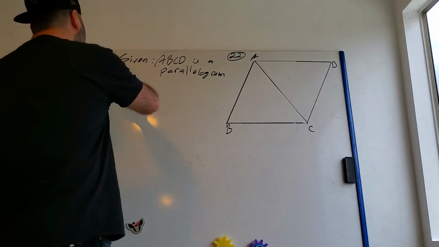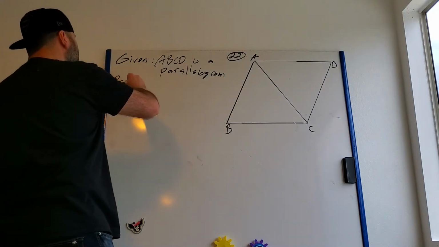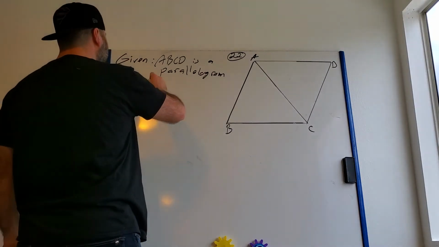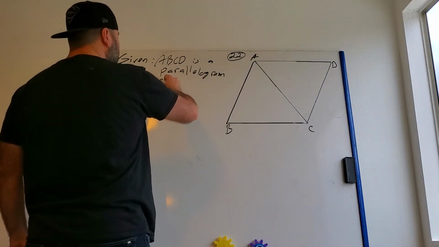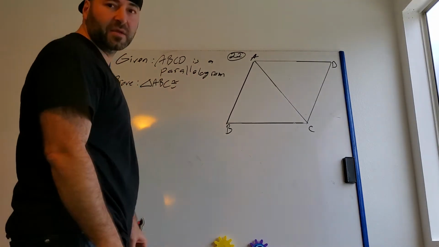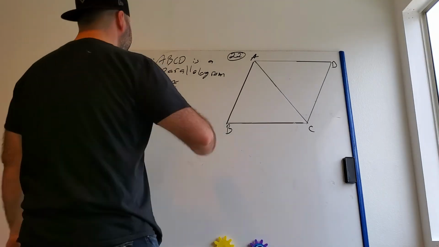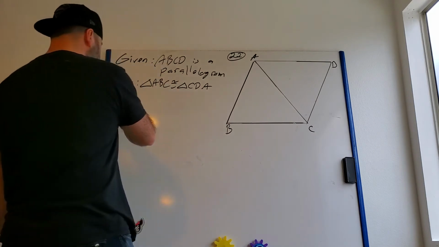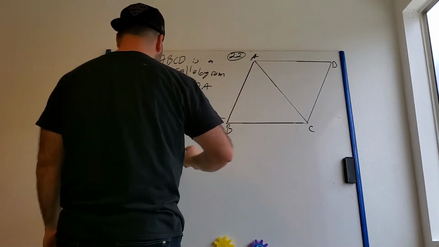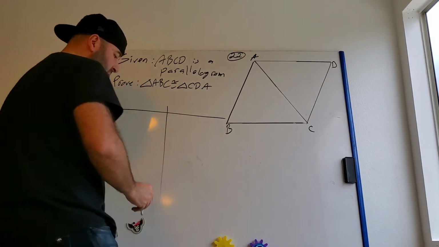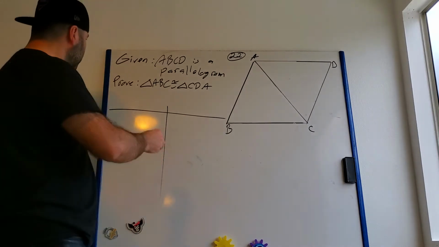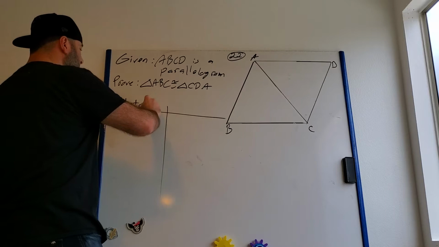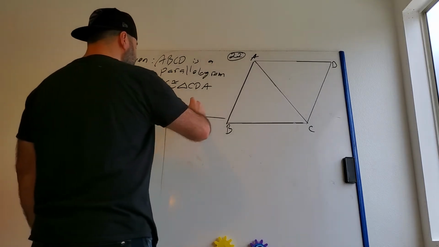Okay? And then I'm asked to prove that triangle ABC is congruent to triangle CDA. Okay. So there's our statement and our reason.